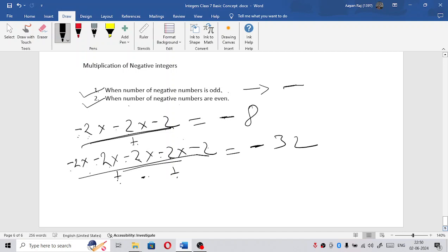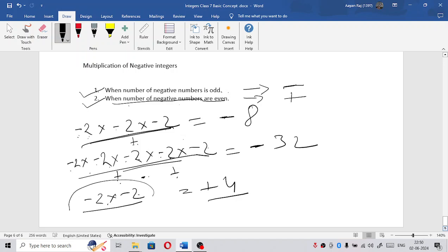Now moving to the next part, when the number of negative numbers is even, the sign will be plus. Let's see, minus 2 into minus 2, here are even integers, so minus minus plus, and the answer would be 4. So when the number of negative integers is even, the sign would be positive. Let's try with minus 2 taken 4 times.